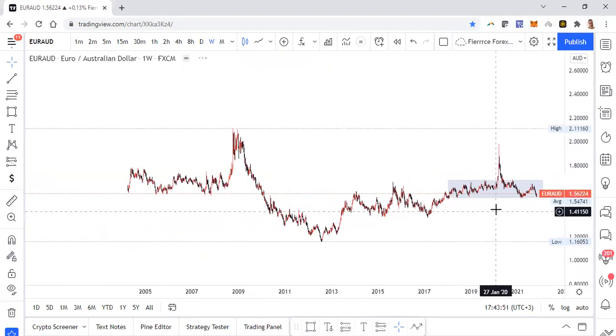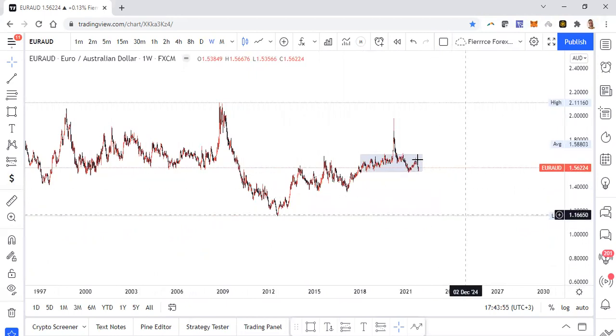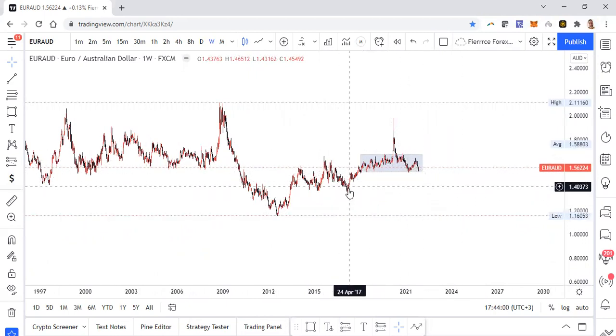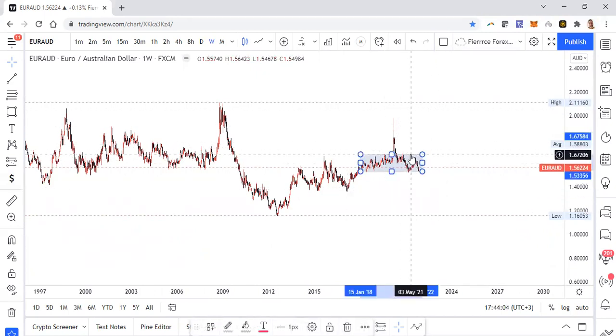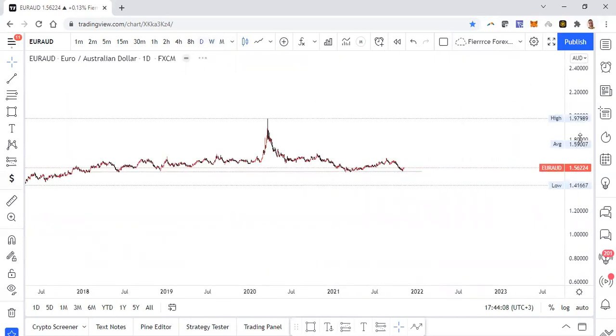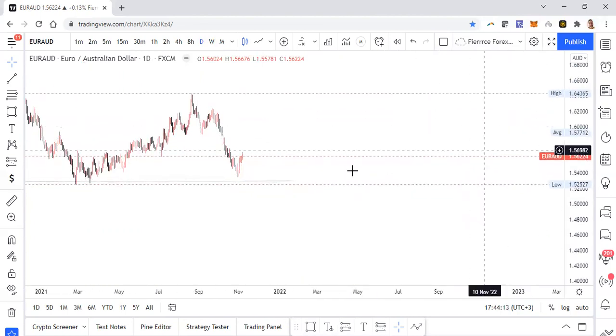Now, the way it looks, we are still bearish, but we are struggling to break out to the downside. I'm wondering, will that happen this week? If I look at the daily, I'm seeing we rejected that zone nicely.